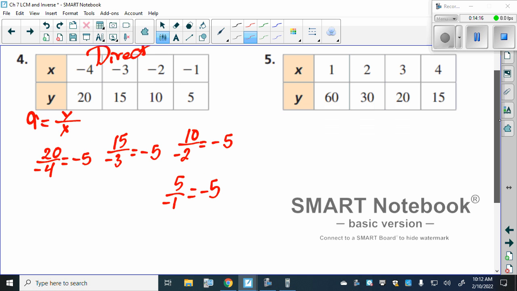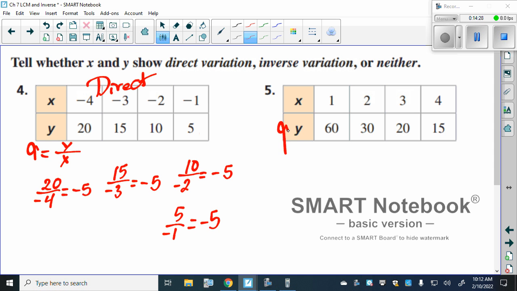Number 5, our x values are 1, 2, 3, 4, and y is 60, 30, 20, and 15. Do we think direct or inverse? Inverse. So inverse would be testing our a is equal to x times y. So the first one we would have is 60 times 1, which is 60.